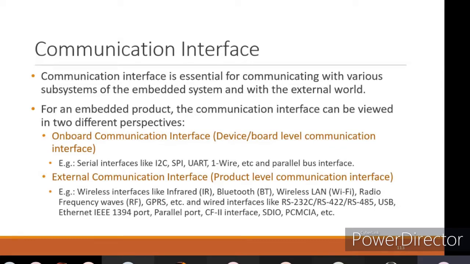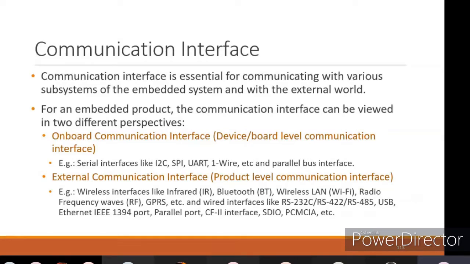A communication interface is essential for communicating with various subsystems of the embedded system and also with the external world. You have a main processor, and with respect to that you have subcomponents which are interconnected with the main processor.